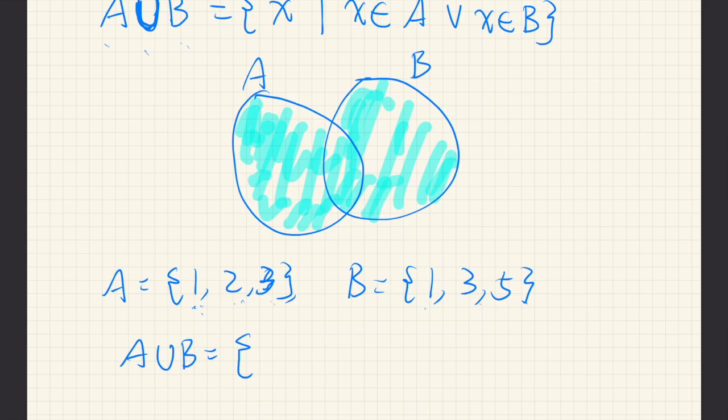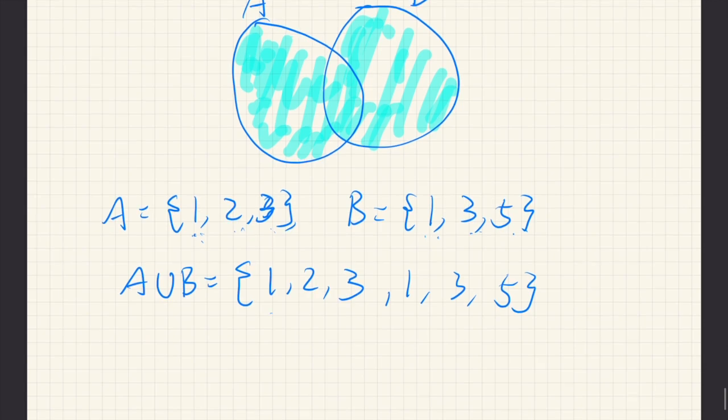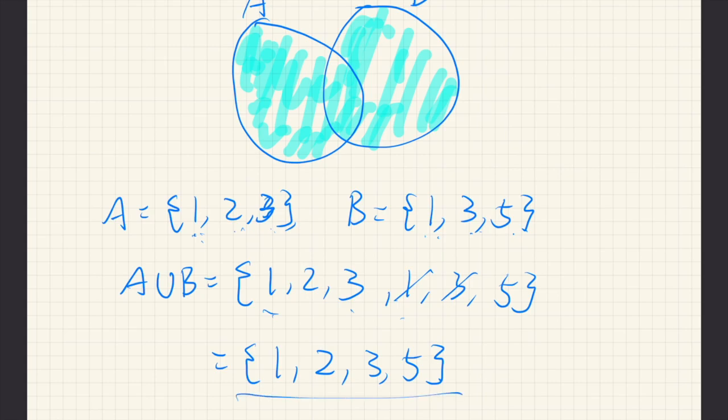So that will be 1, 2, 3, and 1, 3, 5. But in the set, we must not have redundant elements, so we do not include the repeated ones because 1 and 3 are already there. So this should be 1, 2, 3, and 5. Okay, so this is A cup B.